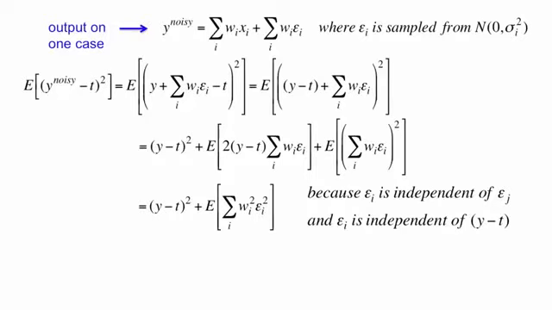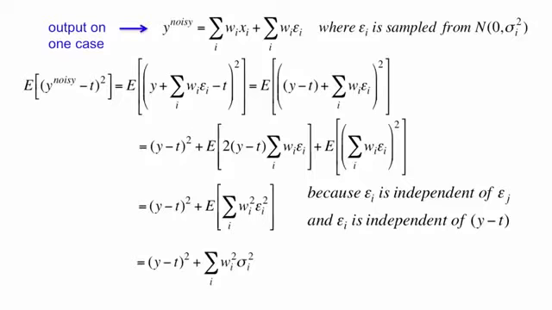So if you look at the last term, when we multiply out that square, all of the cross terms have an expected value of 0, because we're multiplying together two independent things that are zero mean. If you look at the middle term, that also has an expectation of 0, because each of the epsilon_i's is independent of the residual error.